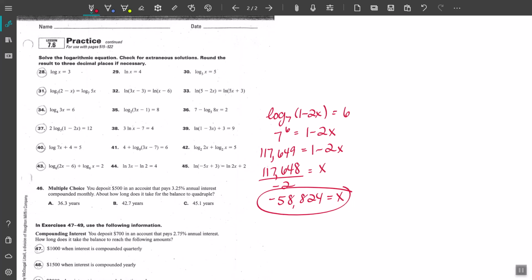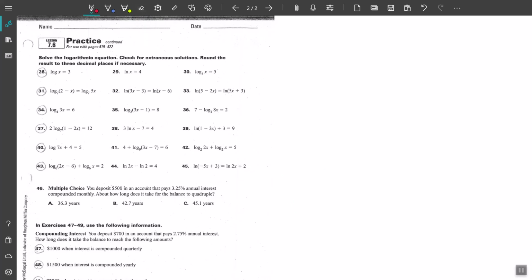All right, same thing for number 40. The logarithm is not by itself, so we're going to isolate it first by subtracting that 4 from both sides. All right, and then again, the logarithm is by itself now, the logarithmic expression.